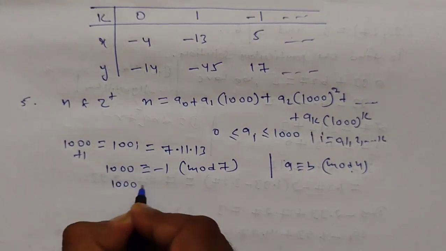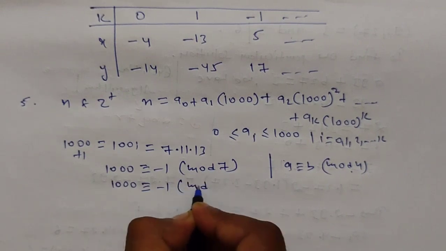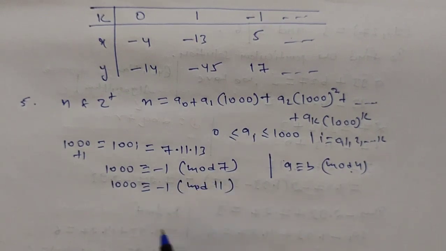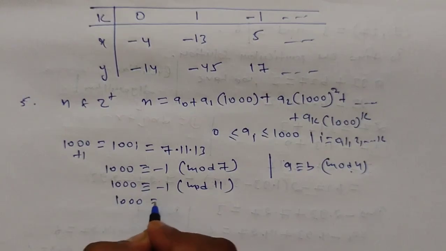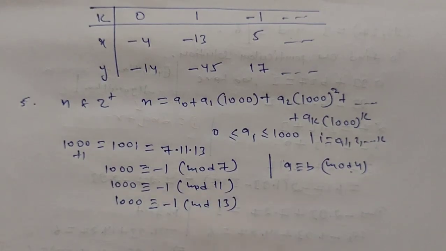Now 1000 is congruent to minus 1 mod 11, and also 1000 is congruent to minus 1 modulo 13.